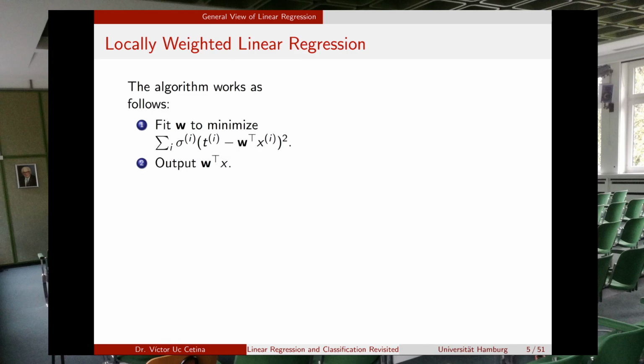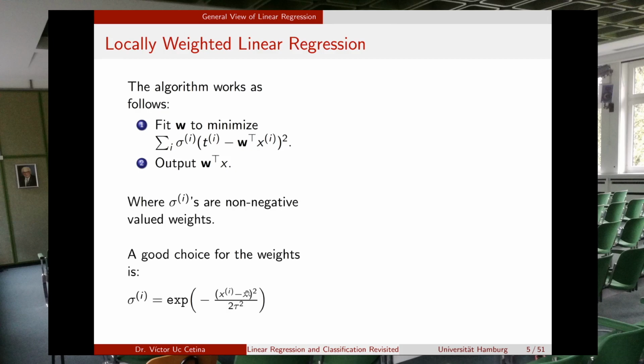There is another way to implement linear regression, and this is called locally weighted linear regression. The idea behind this is to train with more accuracy our model based on the value that we want to evaluate.